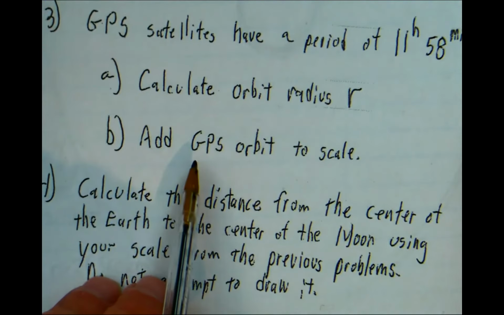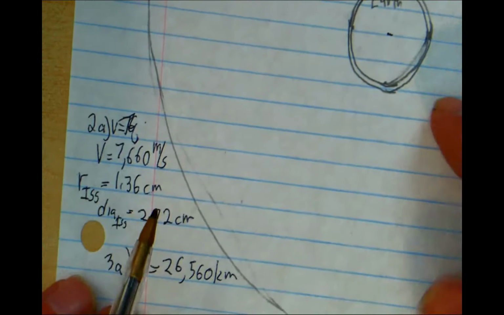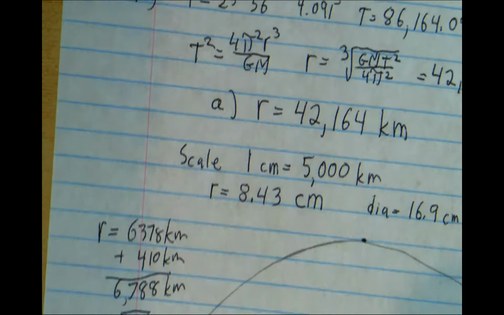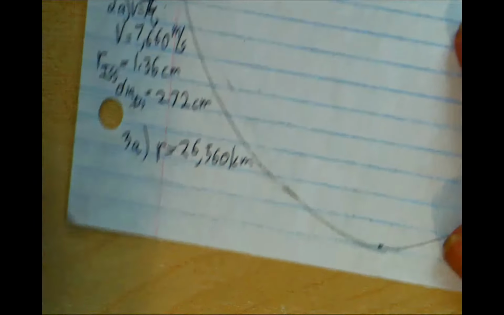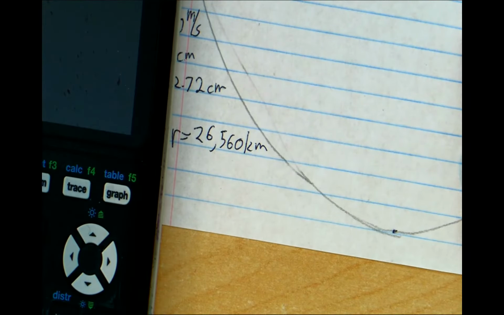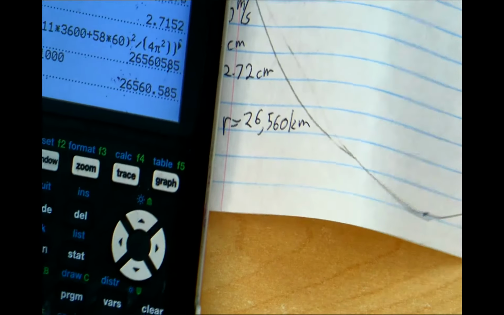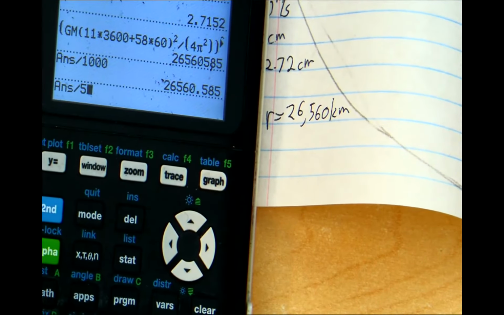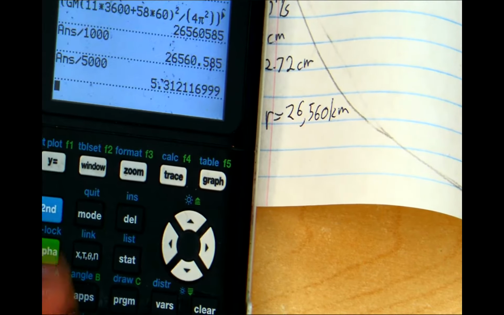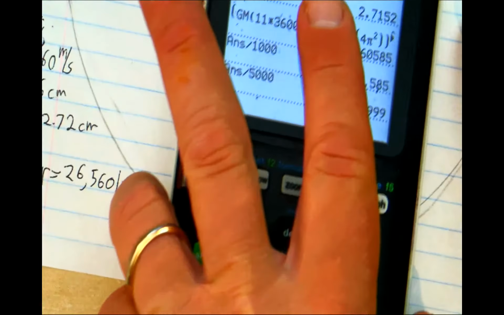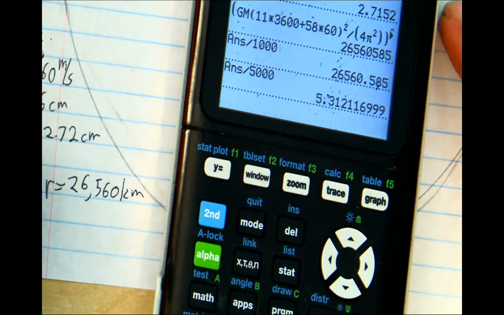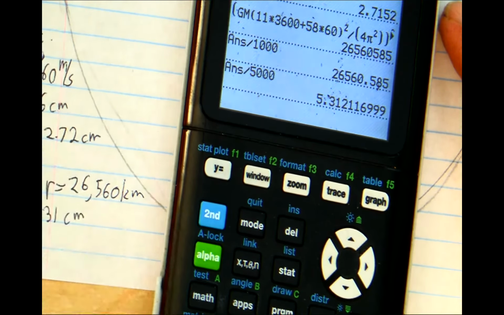Part B, add the GPS orbit to scale. Well, my scale is 1 centimeter on my paper represents 5,000 kilometers. So if I take this orbit radius of 26,560 kilometers and divide it by 5,000 kilometers per centimeter, then to scale, I have a radius of 5.31 centimeters.